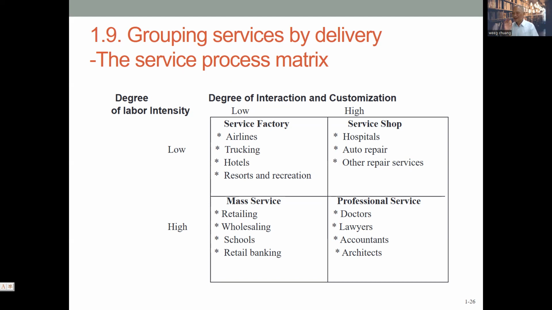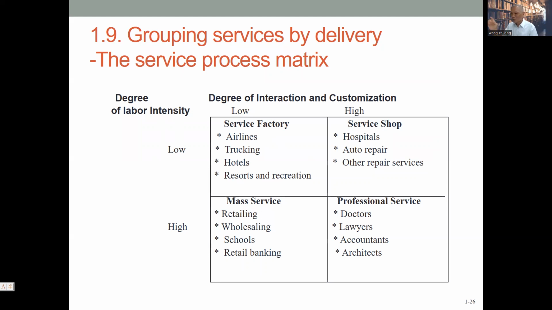So we have four kinds of situations. For low degree of interaction and low degree of labor intensity, we have service factory, such as airlines, trucking, hotels, resorts, and recreation.